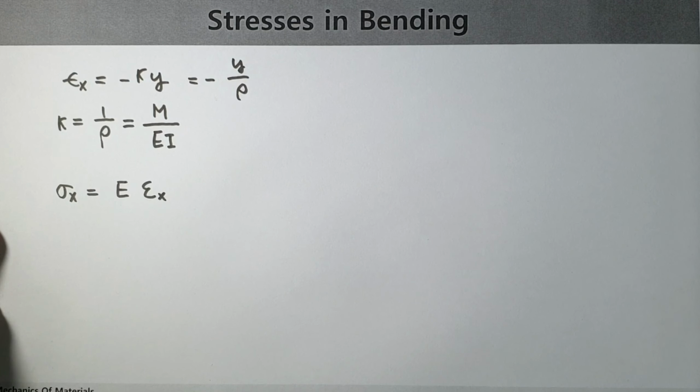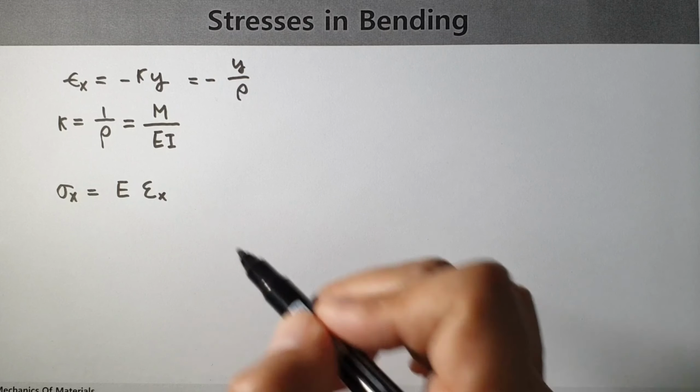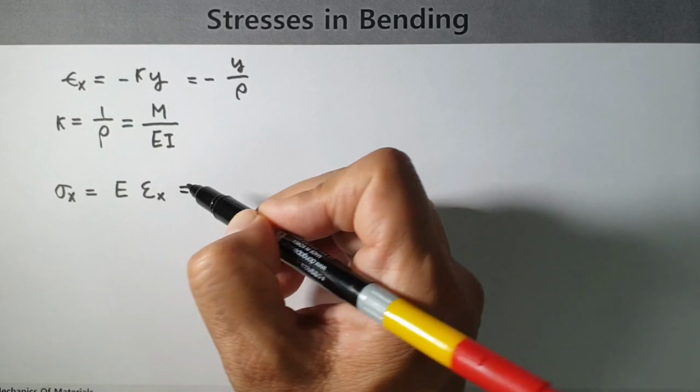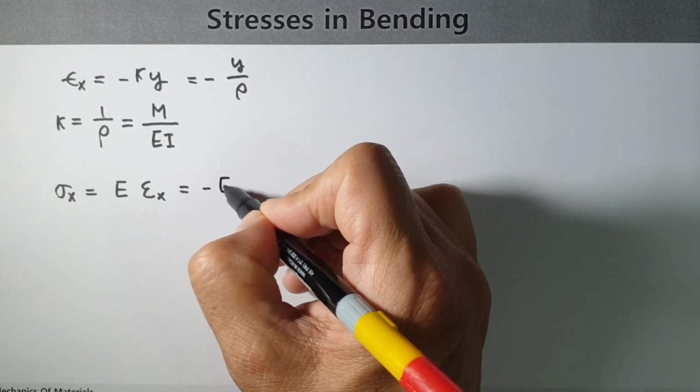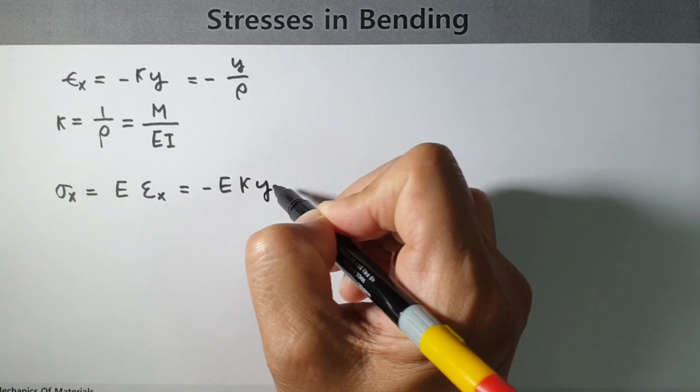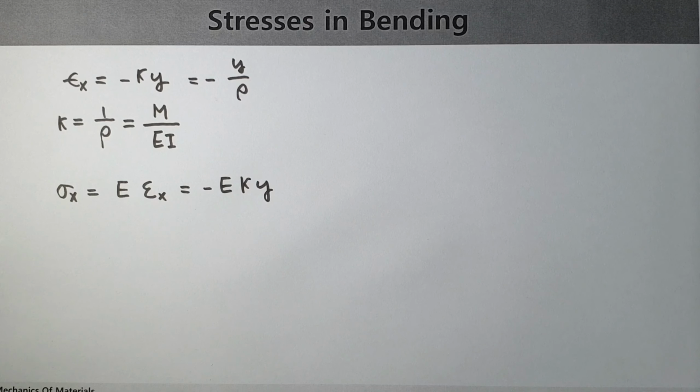E is of course the modulus of elasticity, and in this case, when you substitute epsilon x, minus E kappa y is available.